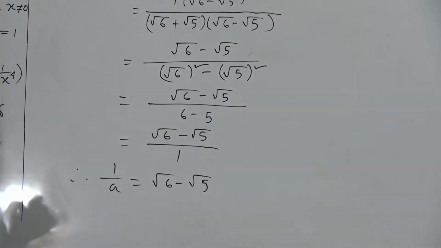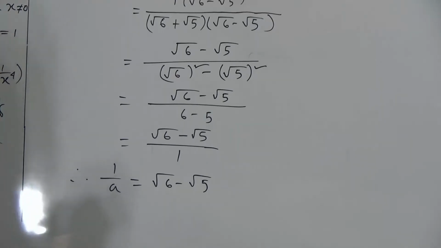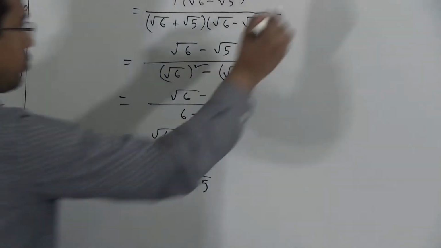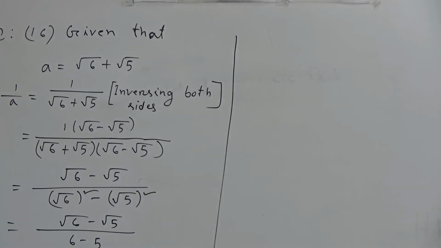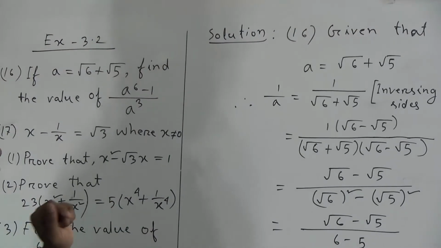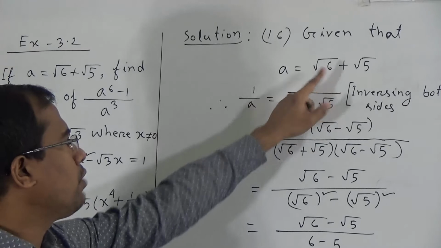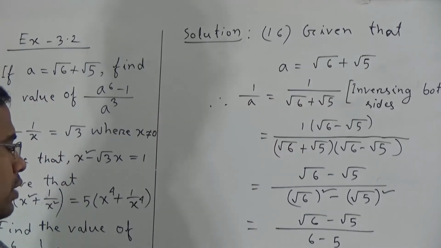Now we have to find out the value of a plus 1 by a. Sorry, a minus 1 by a. For finding out the value of a to the power 6 minus 1 by a cube, we need the value of a minus 1 by a. Here the value of a is given and the value of 1 by a we have already found.